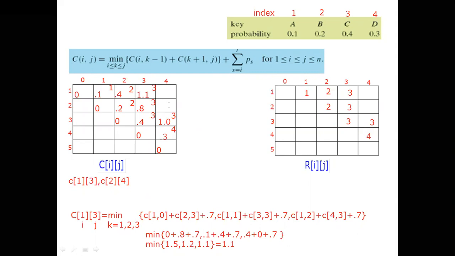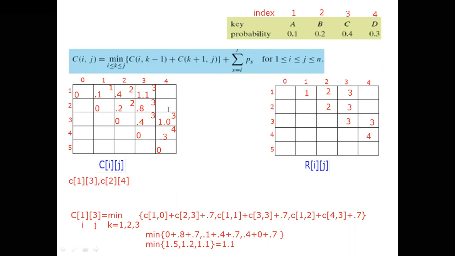Now this value also I will directly write. It is 2, 3. Not 2, 3, it is 2, 4. 2, 4 value it will come as 1.4, and it is due to the third k value.